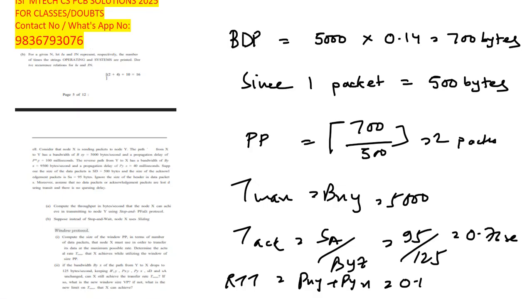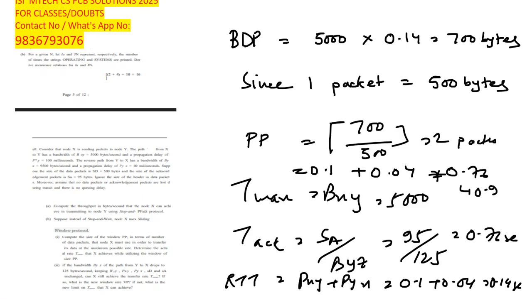So that is 0.1 plus 0.04. So that's 0.14 sec. Okay, but now our ACK transmission time is 0.76. So hence the new effective RTT will be 0.1 plus 0.04 plus 0.76. So that is 0.9 sec.